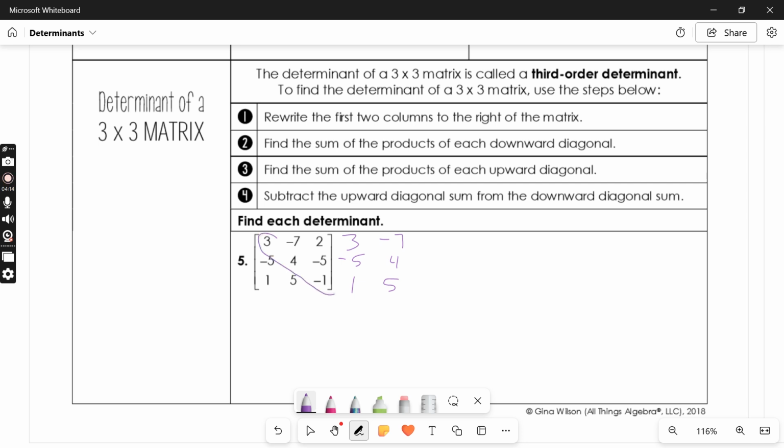So I'm going to do a diagonal: 3 times 4 times negative 1. I'm going to do that next diagonal. So that's negative 7 times negative 5 times 1. And then I'm going to do that next diagonal. So that would be 2 times negative 5 times 5.